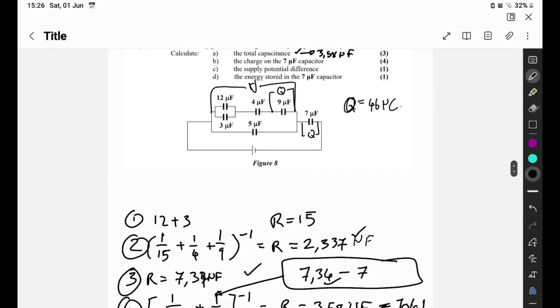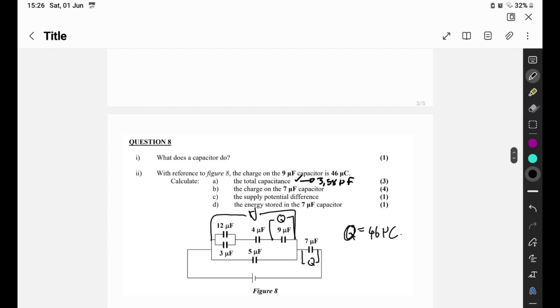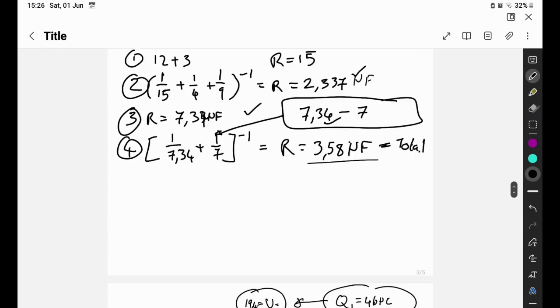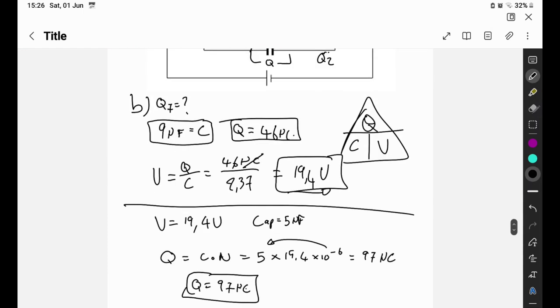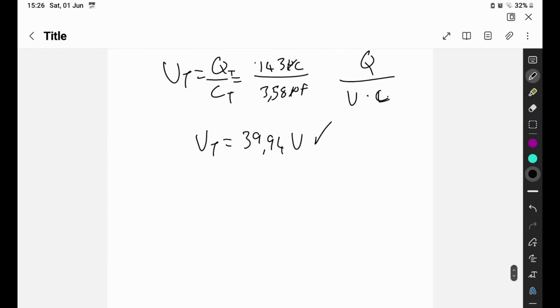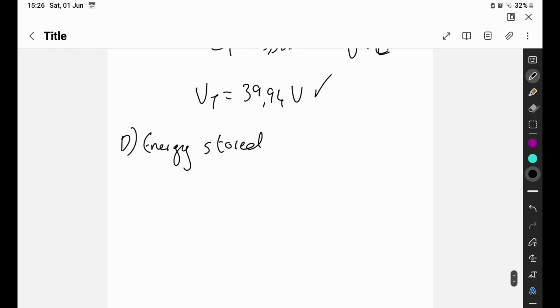So the last question is energy stored in the 7 microfarad capacitor. So they want us to calculate the energy stored, D. The equation for energy is equal to a half CV squared. And C is the capacitance, V is the voltage.